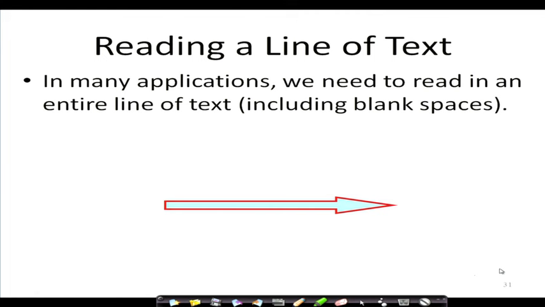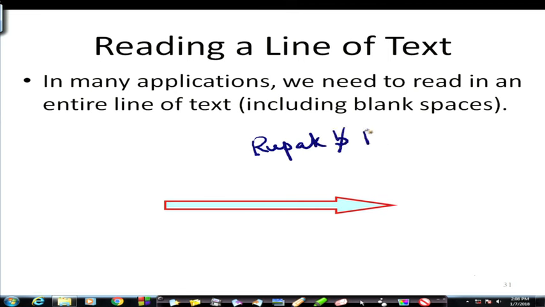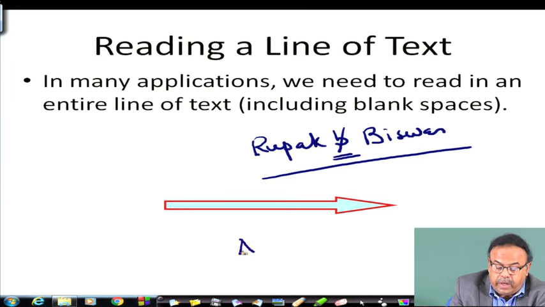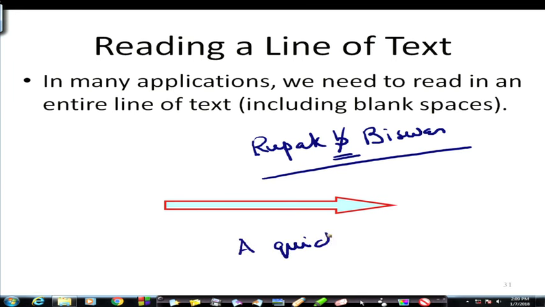On the other hand, when we read a line of text, suppose I want to read this Rupak Biswas, I want to read this blank also, the entire sentence. A quick brown fox, I want to read.